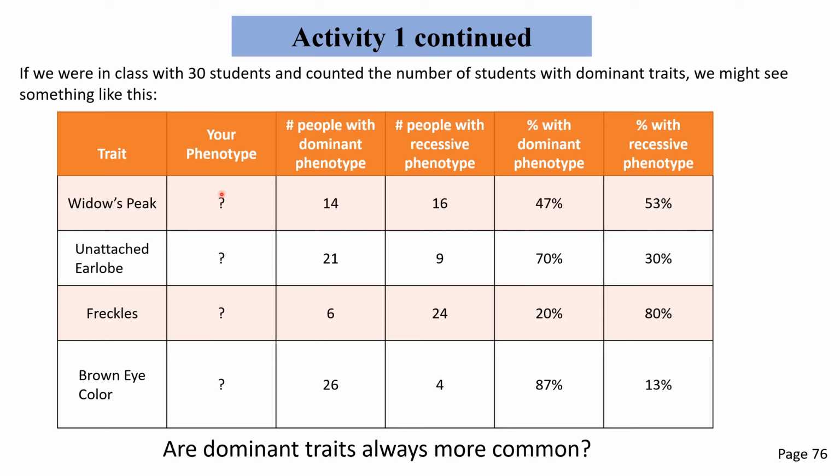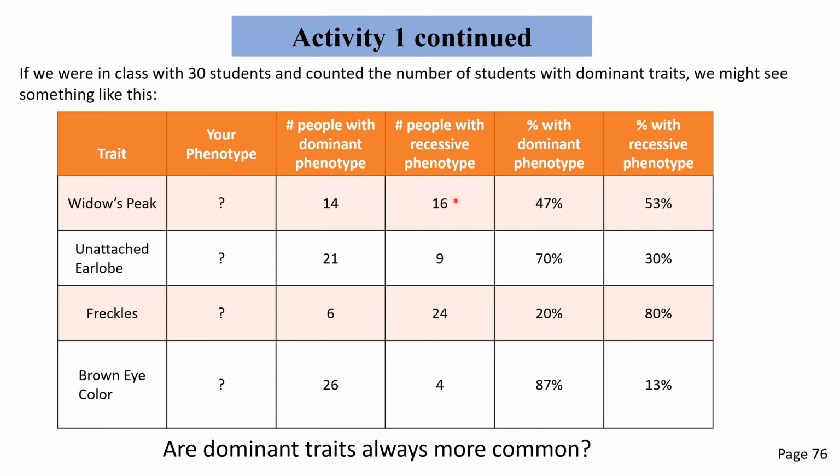And then if we were in a class with 30 students and counted the number of students with dominant traits, we'd probably see something like this. 14 people would have this dominant phenotype, 16 would have the recessive phenotype, meaning they don't have a widow's peak.